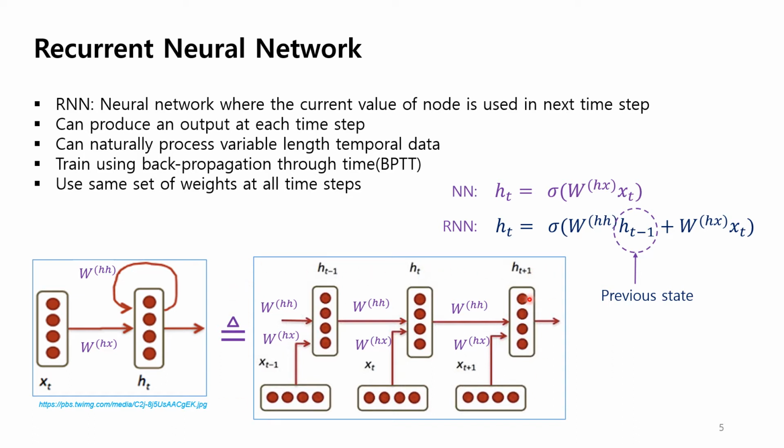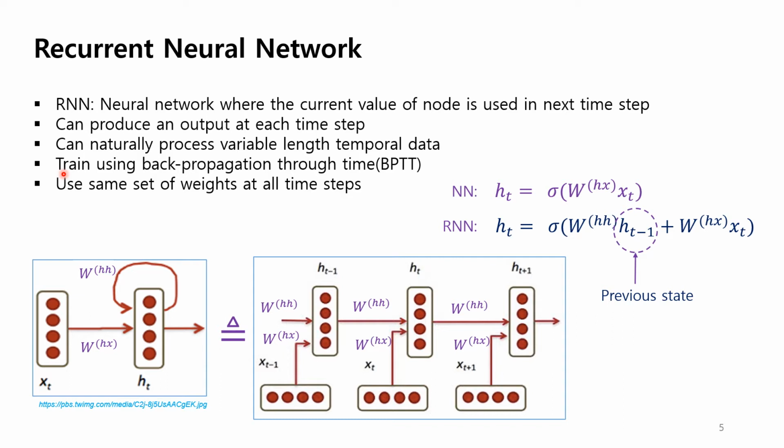If you look at 10 steps back, it's going to be 10-step data. So depending on the number of steps you look at in the past, it's quite natural to process variable length data in RNN. And those were the advantages.